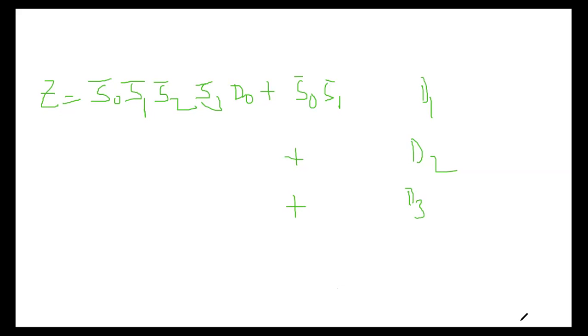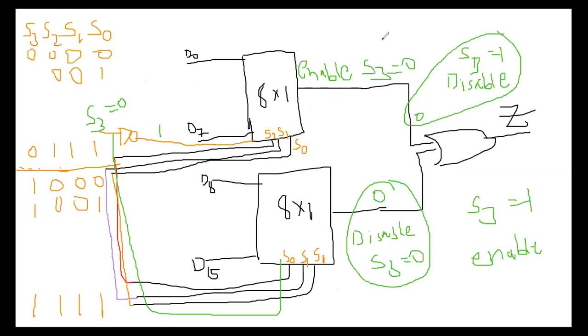Following my dear students, like that we can design a 16x1 MUX by using 2 8x1 MUX. What additional logical gates are required here? The 2 8x1 MUX, 1 OR gate and 1 inverter. That is explained in the theory.